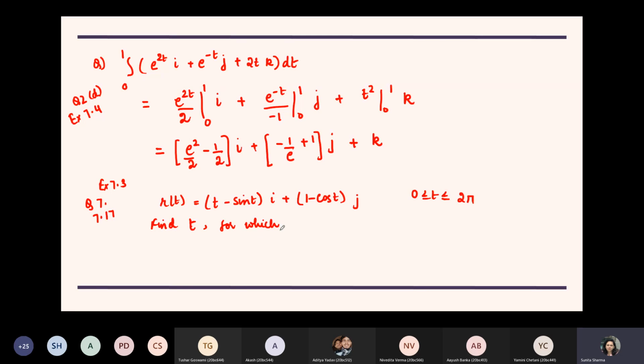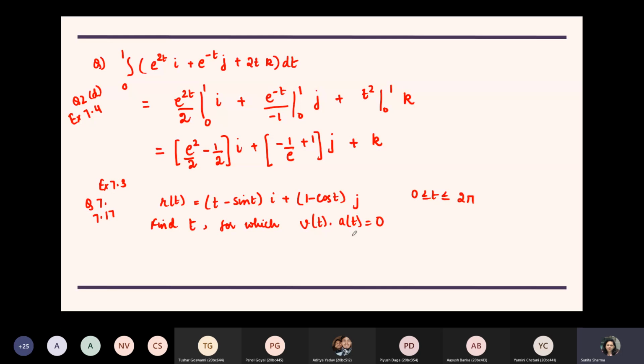So what do you have to check? If you have to check two vectors are orthogonal, the dot product is 0. So this is an application of dot product basically. So for which this is 0. What you will be doing is differentiating r(t). Once you get v(t), differentiate it again, you will get a(t).